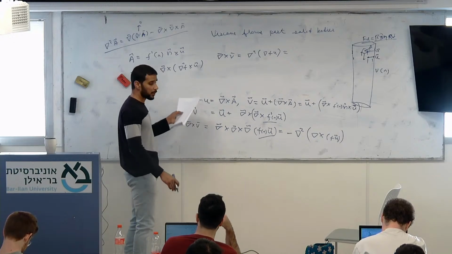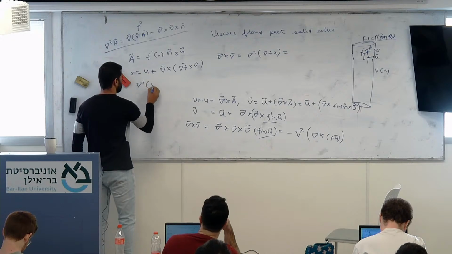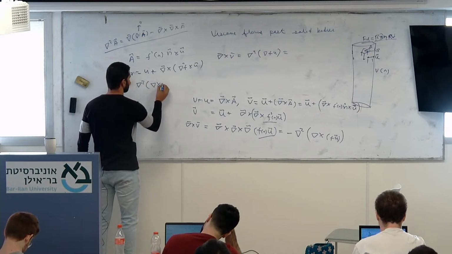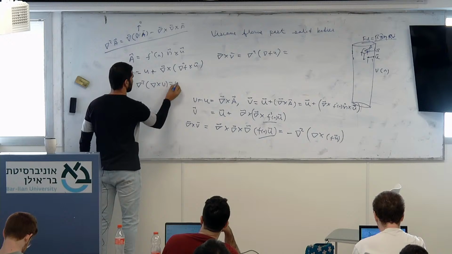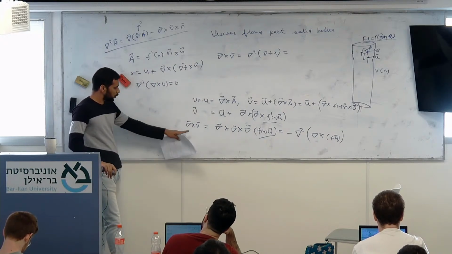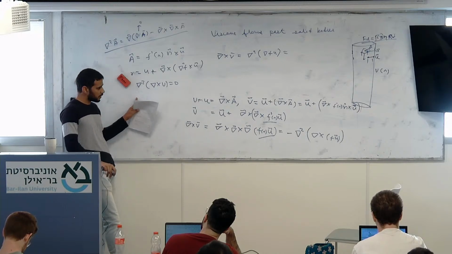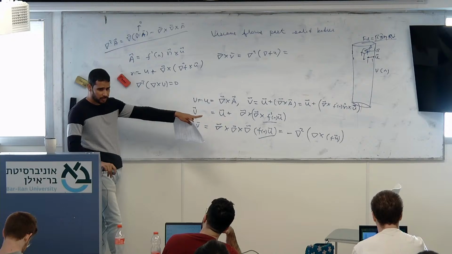Now, if you remember the previous equation, we found del square of this was 0. Now we found out curl v. There's more del square there. Curl v is a del square.